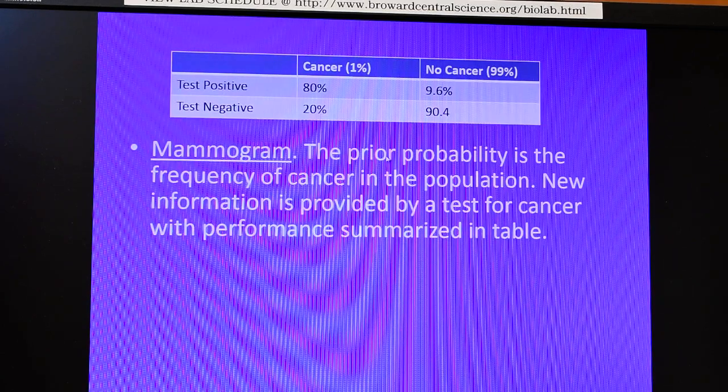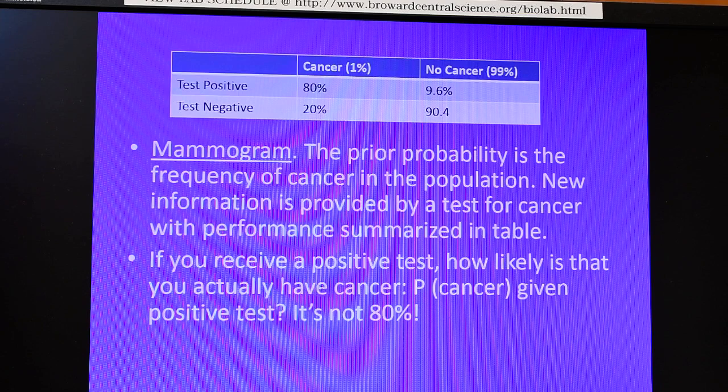Let's say that you go in, you get a mammogram, and you come back with a positive result. How likely is it that you actually have the cancer? Well, we need a little bit of information. We need to know, first of all, how common is this cancer? And then we need to know how effective the test is.